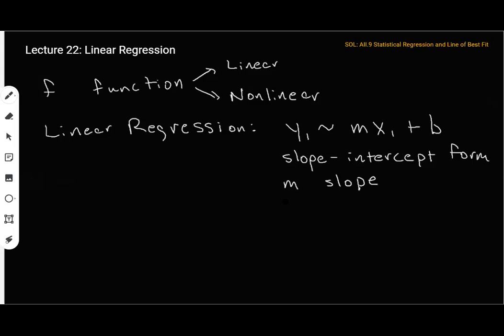And the letter B is going to stand for the y-intercept. And again, if you took Algebra 1, you already know about slope-intercept form. So I don't need to go really too deep into that. Just to let you know that any non-vertical line can be put in the slope-intercept form. So that is the basic form of a linear regression.